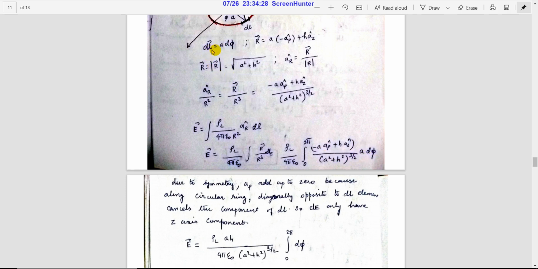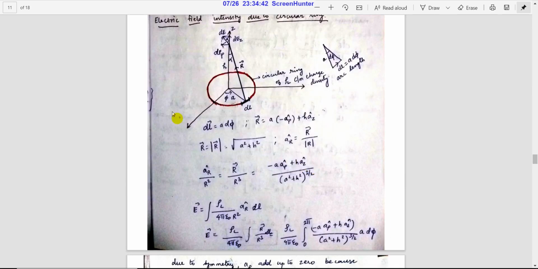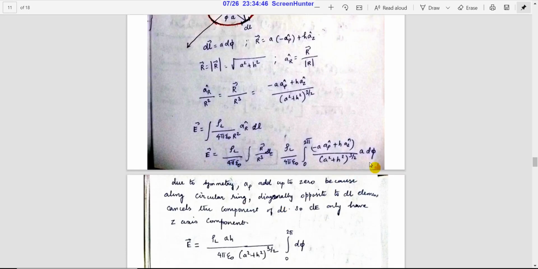Because we are replacing dl with a into d phi. Now we need to find this integral for the differential angle d phi. Since this is the cylindrical coordinate system, we integrate d phi from 0 to 2 pi, as the typical limit for the phi angle.